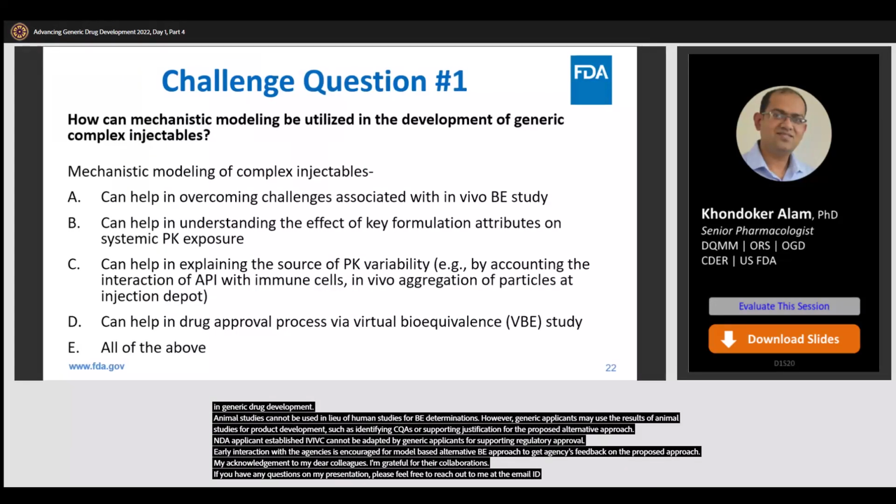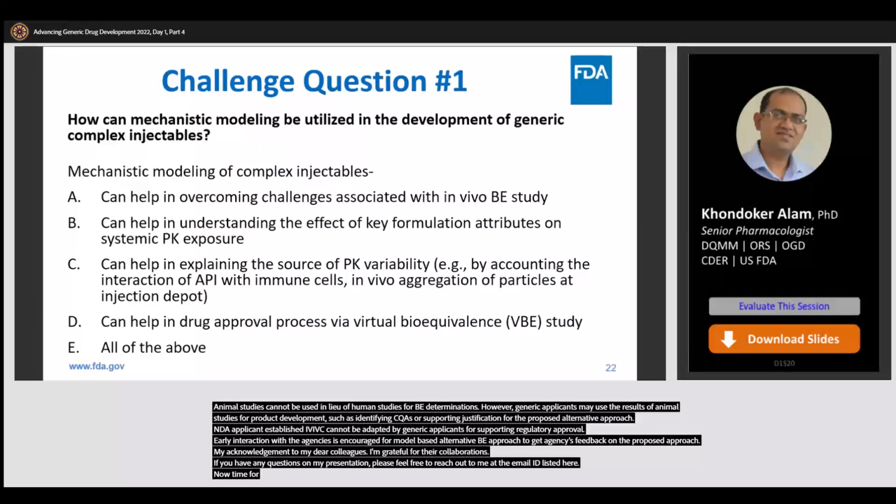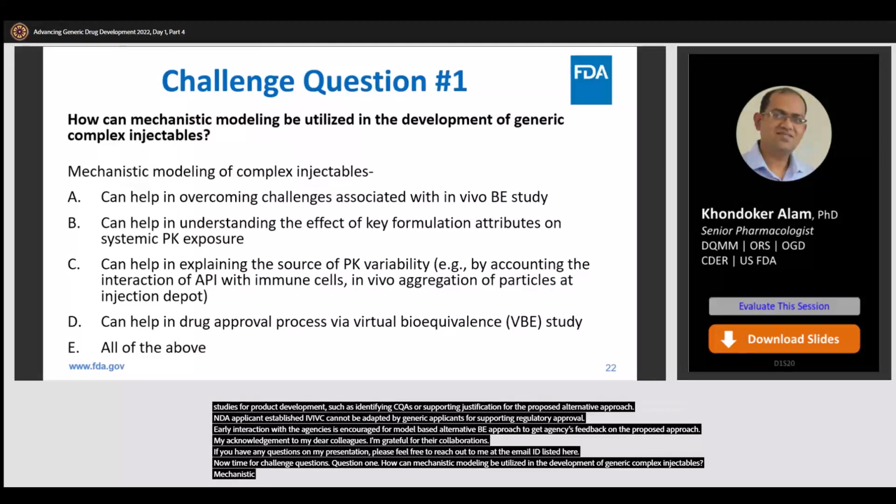Now, time for challenge questions. Question 1. How can mechanistic modeling be utilized in the development of generic complex injectables? A: Mechanistic modeling of complex injectables can help in overcoming challenges associated with in vivo BA study. B: It can help in understanding the effect of key formulation attributes on systemic PK exposure.